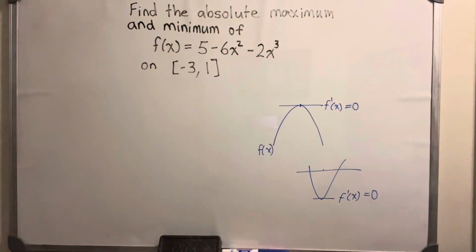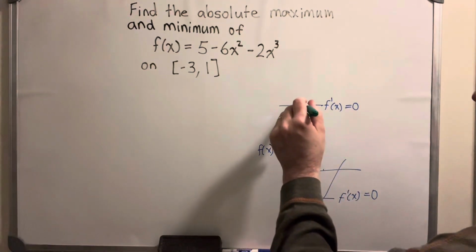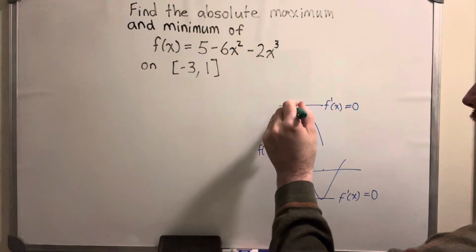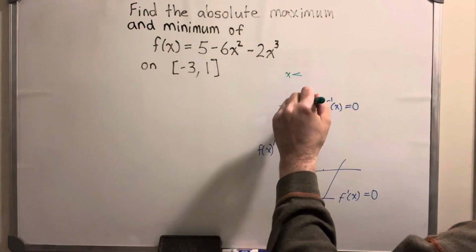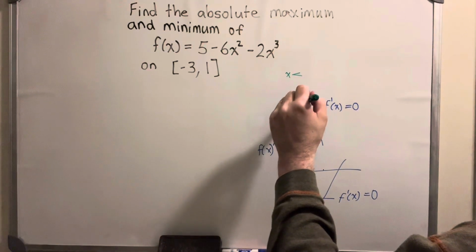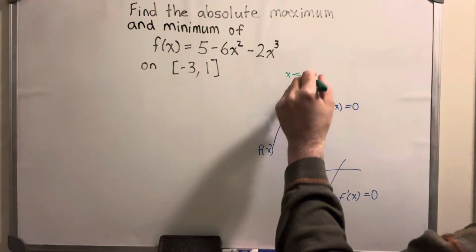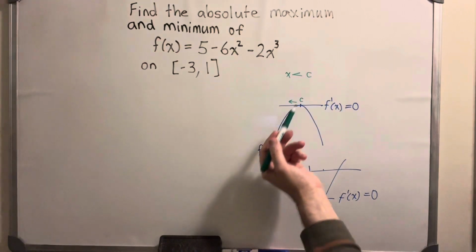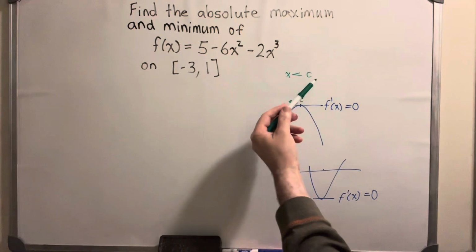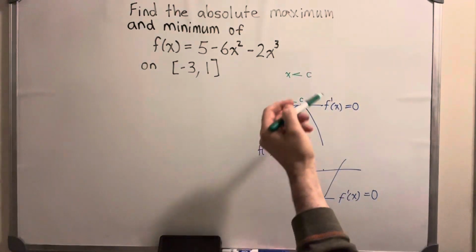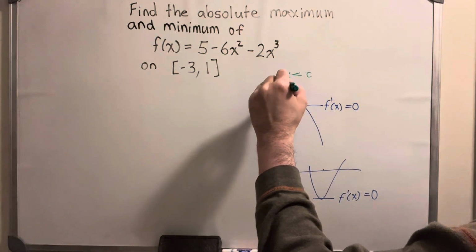How about this? For points for x less than, let's call this point C. So if x is less than C, look at the slope. Is it positive or negative? It's positive.